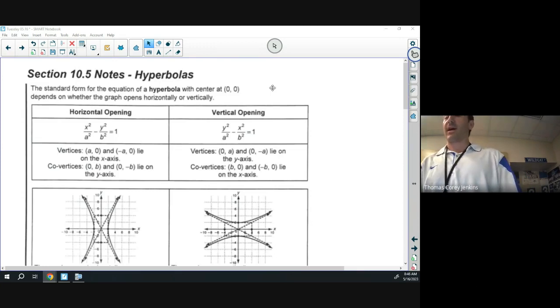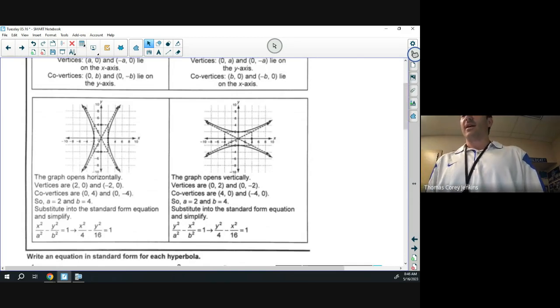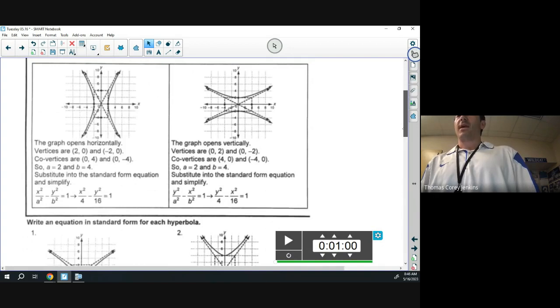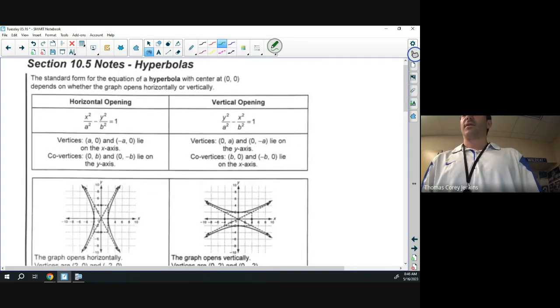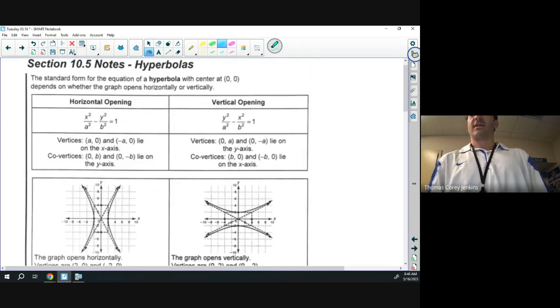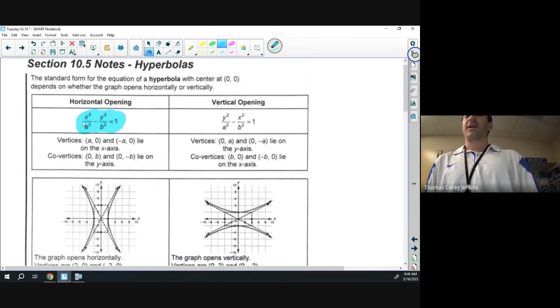So a hyperbola kind of looks like twin parabolas. You can see a couple examples there on the screen at the top. But there are two main types, and that is one with a horizontal opening. Its equation is in the form x squared over a squared minus y squared over b squared equals 1.